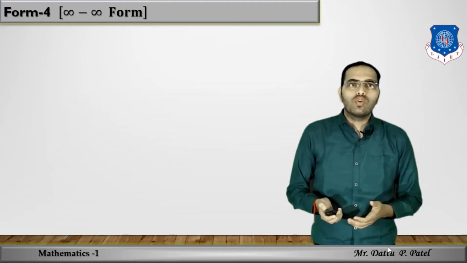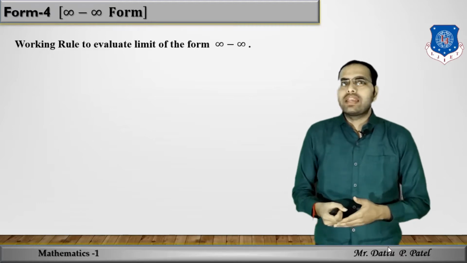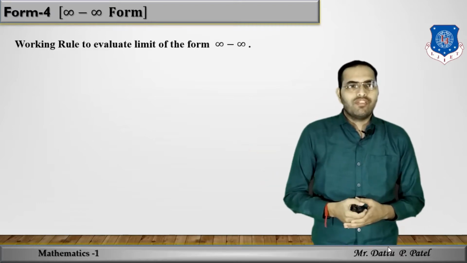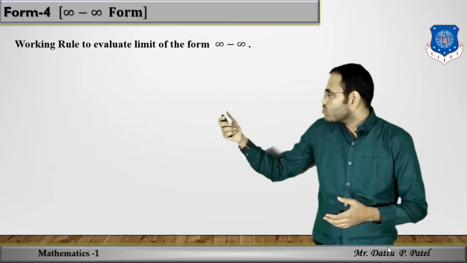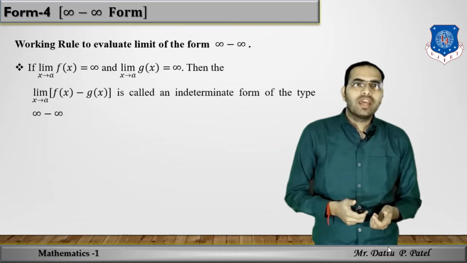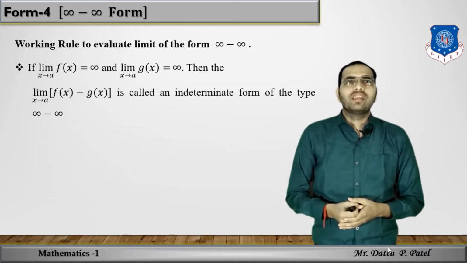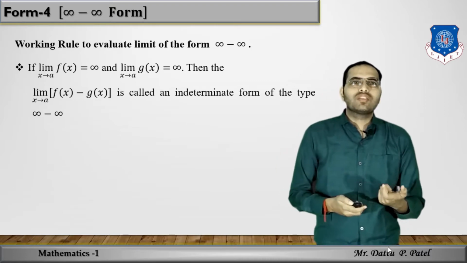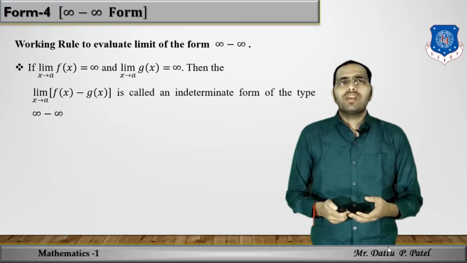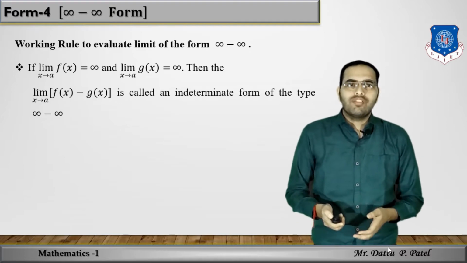Here is the working rule for evaluating a limit in the infinity minus infinity form. If limit x tends to a of f(x) equals infinity and limit x tends to a of g(x) equals infinity, then limit x tends to a of f(x) minus g(x) is called the indeterminate form infinity minus infinity.